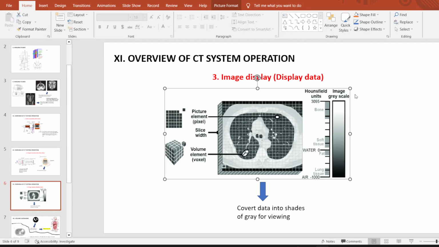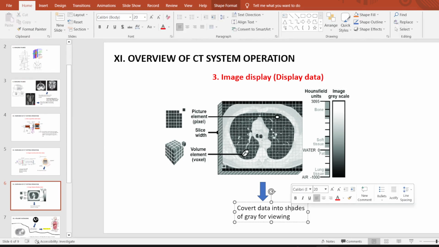You may be curious why we need to change Hounsfield units into grayscale. We will talk about this topic later. That's the quick overview of how our CT system works: convert data into shades of gray for viewing.